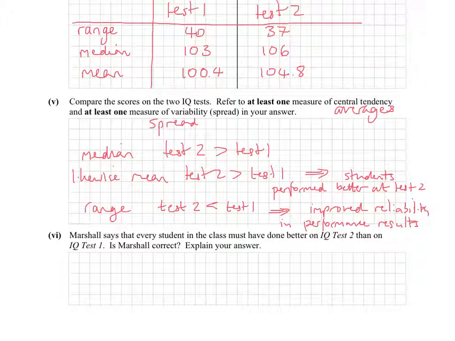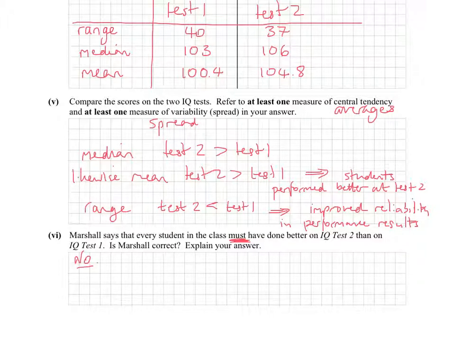And moving on to the last part, the statement we're asked to discuss is that every student in the class must have done better in test 1 compared to test 2. And the key word there is must. Now, I'm going to say very quickly that the statement cannot definitely be true.